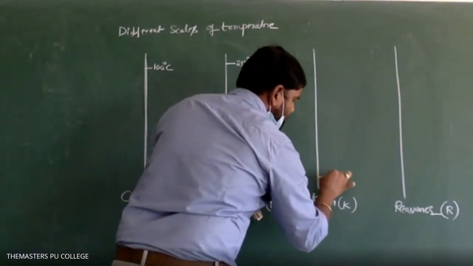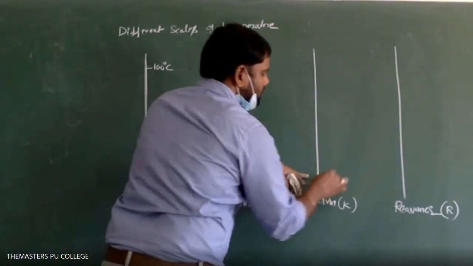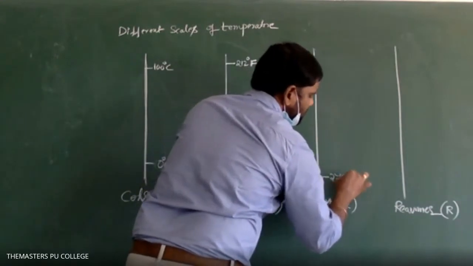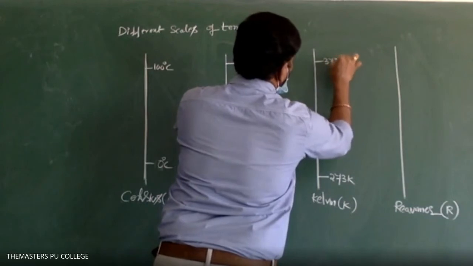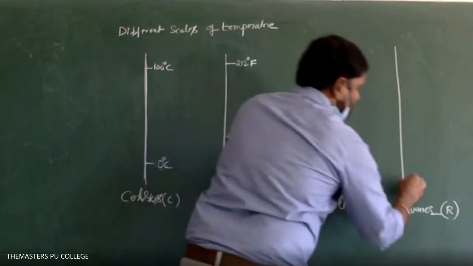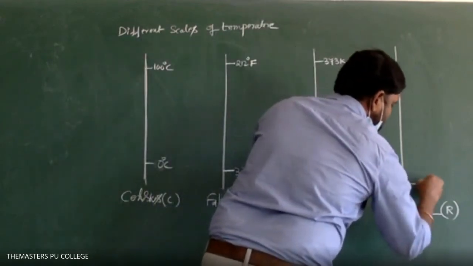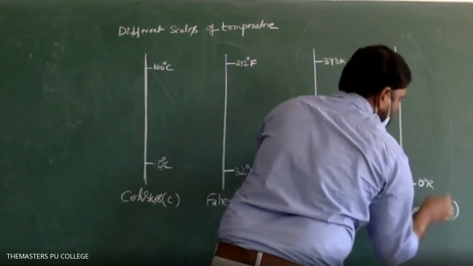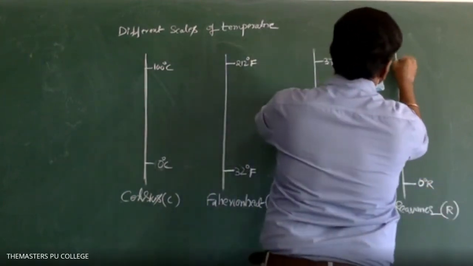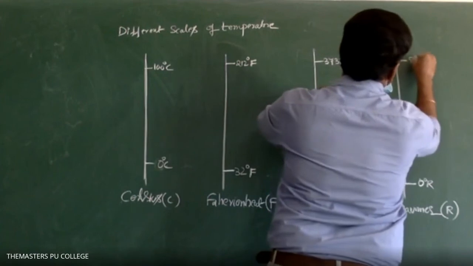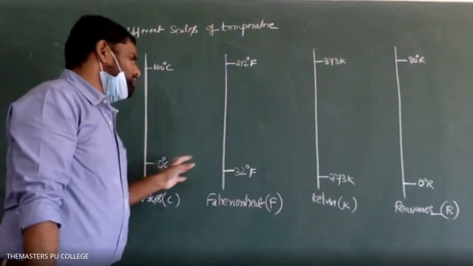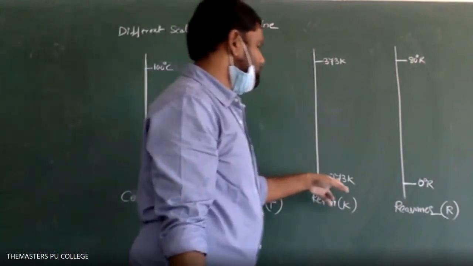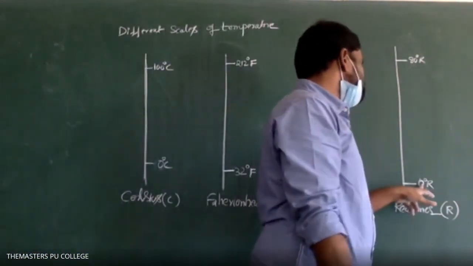According to Kelvin, the melting point of ice is 273 Kelvin. Boiling point of water is 373 Kelvin. And according to Reamer scale, the ice will start to melt at 0 degrees Reamer and the water will start to boil at 80 degrees. So these are 0 degrees centigrade, 32 degrees Fahrenheit, 273 Kelvin, and 0 degrees Reamer.